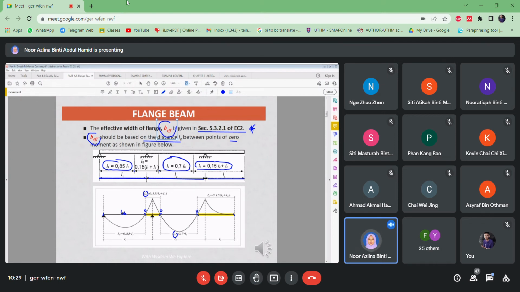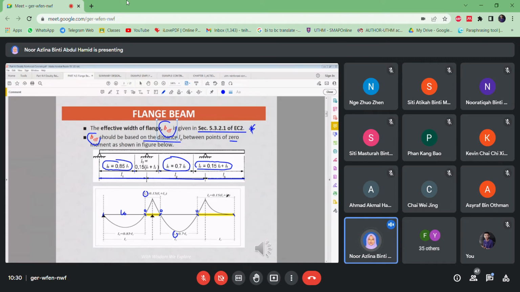So how to know this L0? Okay, how to know of this distance from zero moment to zero moment? By using this equation, 0.85 for first or end of the span, for the internal 0.7, for the cantilever beam is 0.15 here.